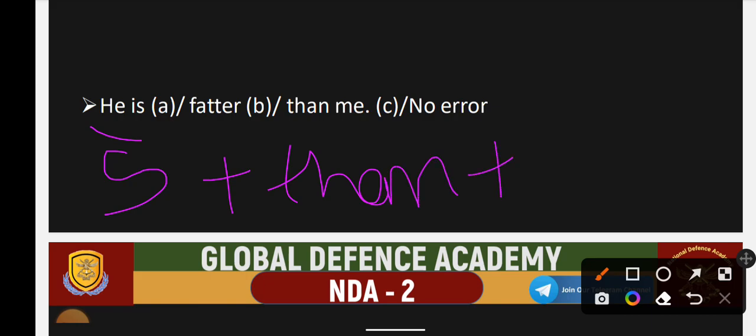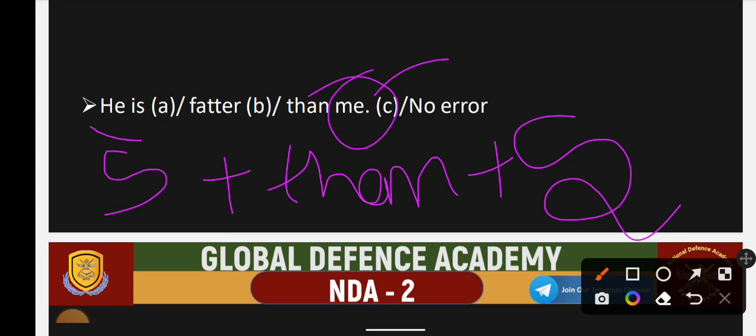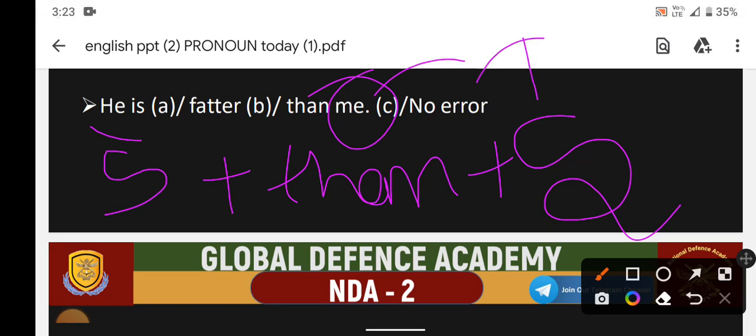Then what do we have to do? We have to use the subjective case as well in order to correct the sentence. Then where is the error? Error in section C. Me is replaced by I.